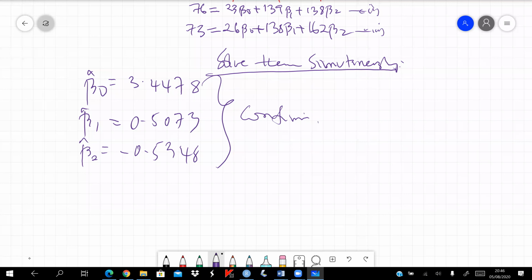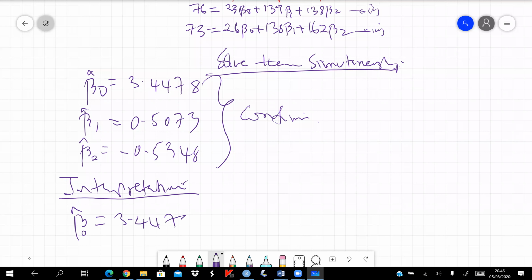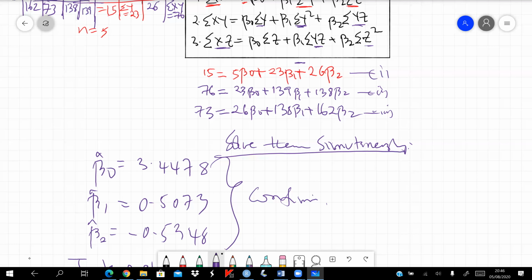Then we go to the interpretation of the regression coefficients. So beta naught estimate, 3.4478. This is the estimated value. What are we predicting?